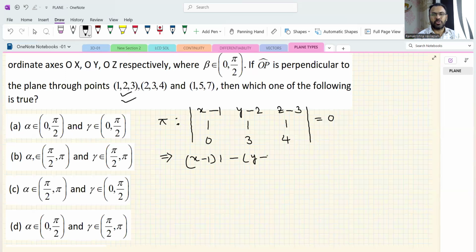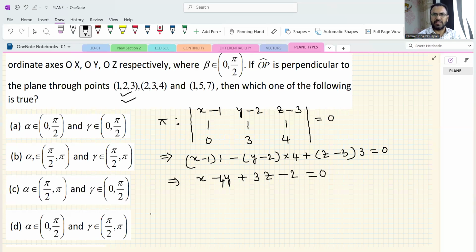Minus of y minus 2 into 4 minus 0 plus z minus 3 into this 3 equal to 0. We got the plane. So we got the plane x minus 4y plus 3z, isn't it? And minus 1 minus 9 minus 10, okay, plus 8 minus 2 equal to 0.